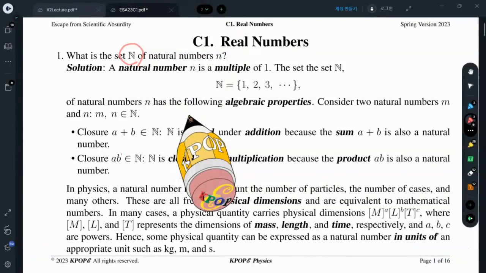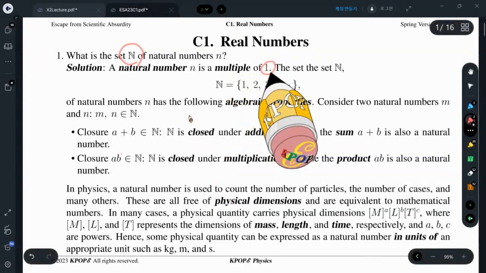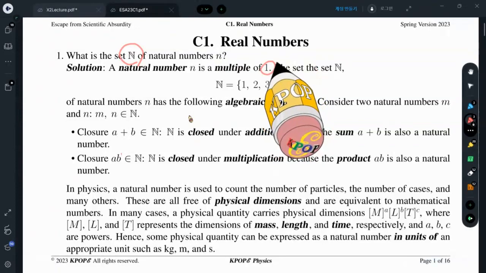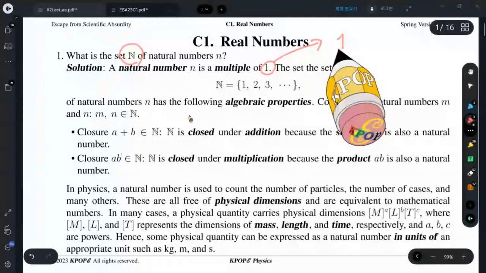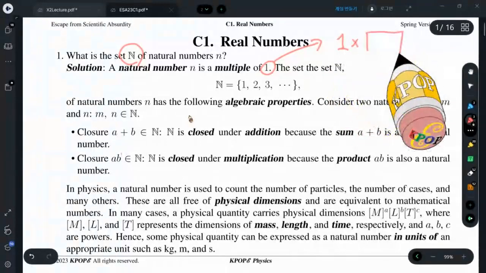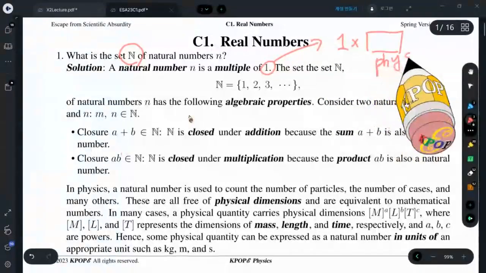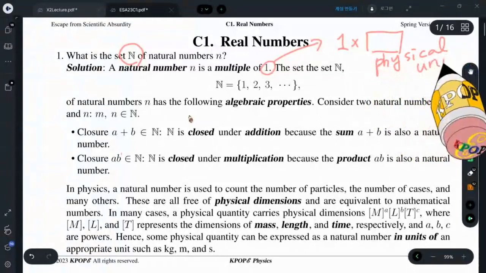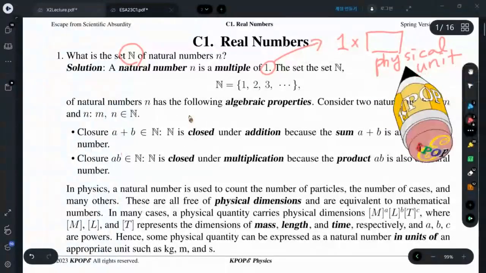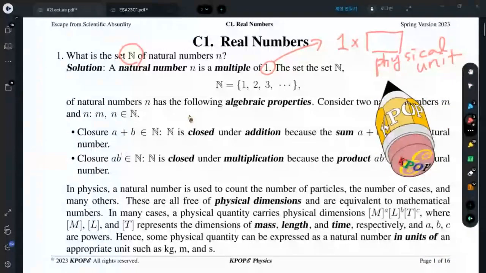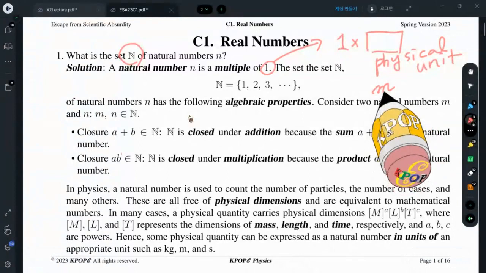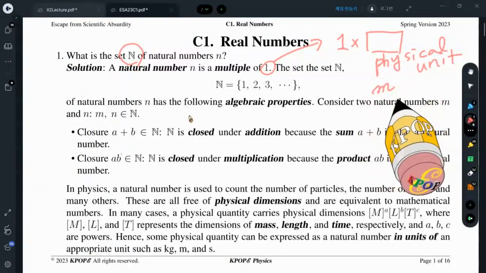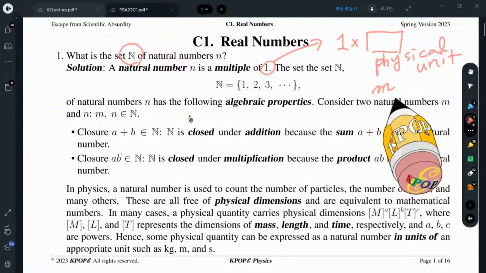So if you have some number in physics, this one is not always a pure number. Usually one is a multiple of the number 1 times a physical unit. Because any variable, for example, m, is a number. However, in physics, this italic letter represents a physical quantity.